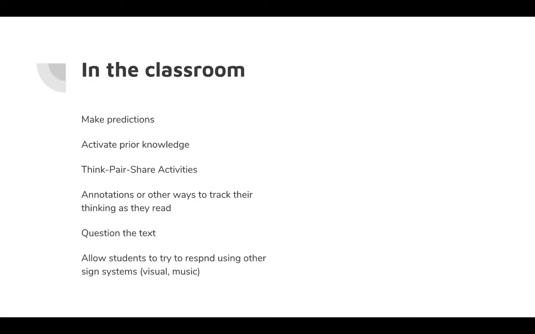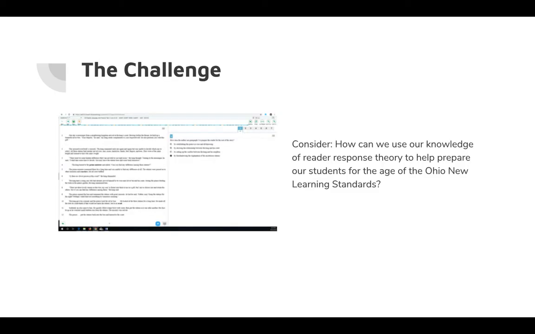Think, pair, share activities, allowing students to share freely about their interpretations as they're emerging and the connections they're making. I might ask them to annotate or track their thinking as they read. I might ask them to question the text, and I might allow them to respond to the text in other sign systems, such as visually drawing a response to the text, or musically.